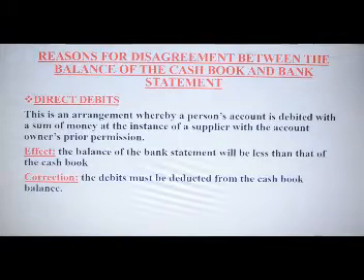It's made by the creditor and the company, whereby the business account is debited with a sum of money at the instance of a supplier, that's our creditor, with the account owner's prior permission. That is not like a standing order where the company authorizes the bank. In other words, the company is already aware of this.